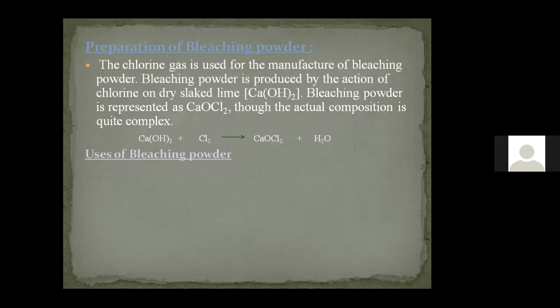Your voice is breaking. Okay, bleaching powder is used in the preparation of chloroform. Then the common use of bleaching powder is that it is mainly a cleansing reagent, correct? So it is used for cleaning purposes, correct? Other than that, any other uses you know?